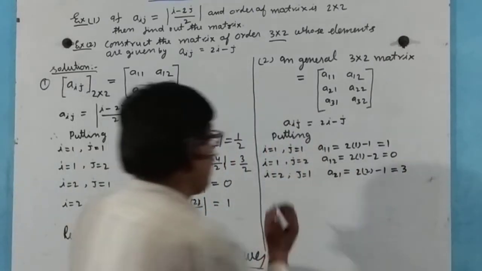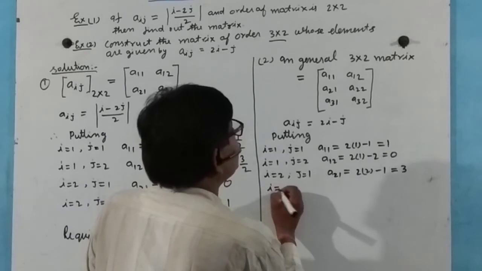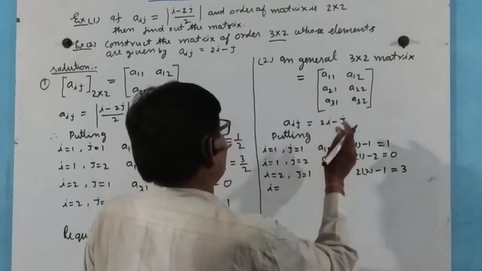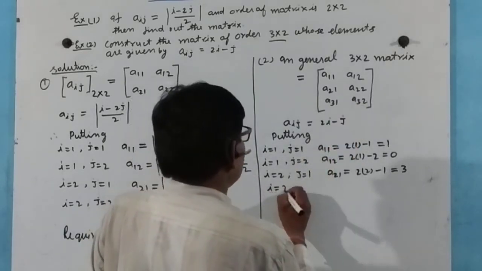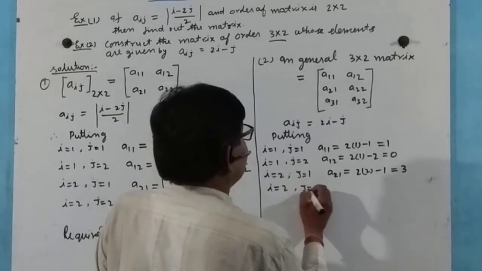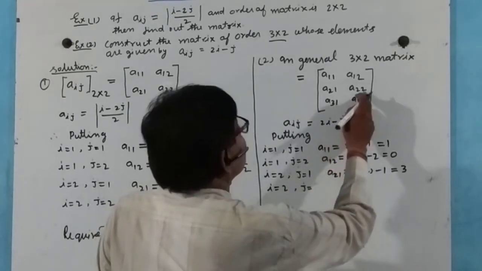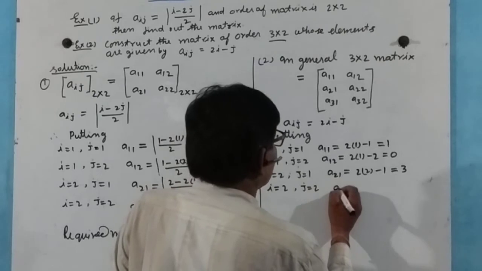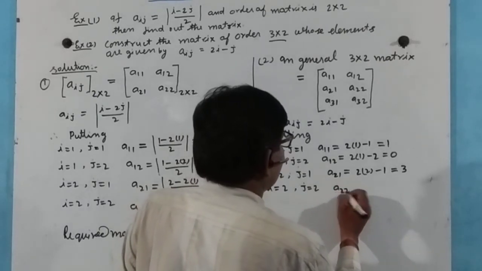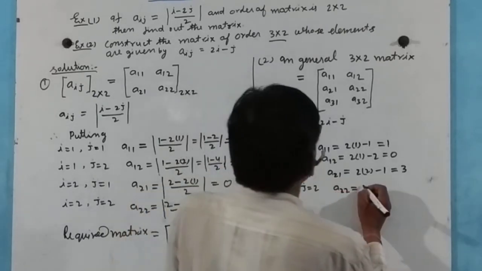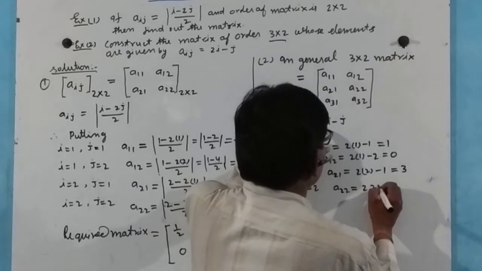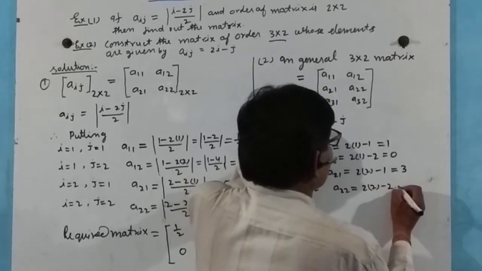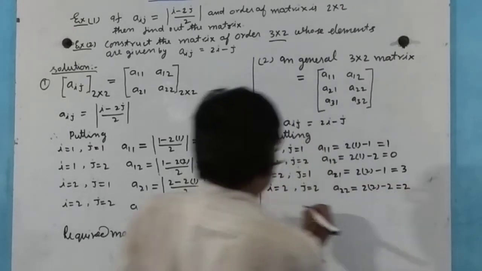Now i equal to 2, j equal to 2, so that A22 equal to 2 into 2 minus 2, 4 minus 2 equal to 2.